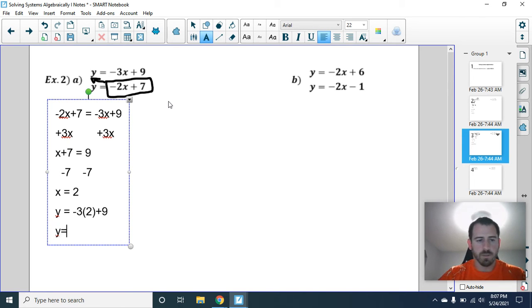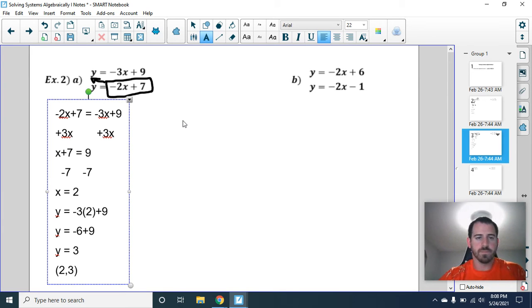So now we have y equals negative 3 times 2 gives me a negative 6, plus 9. So then that gives me y equals 3. Final answer is x is 2, y is 3. And that's it. Problem solved.